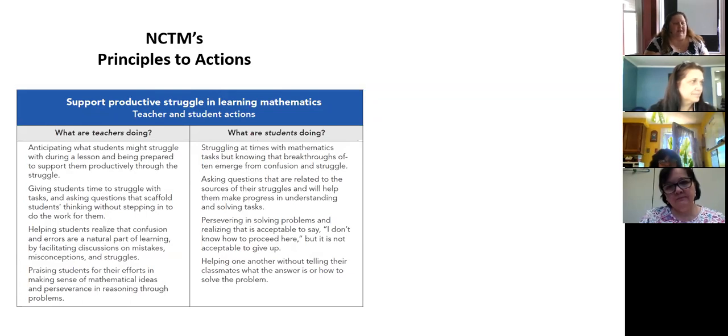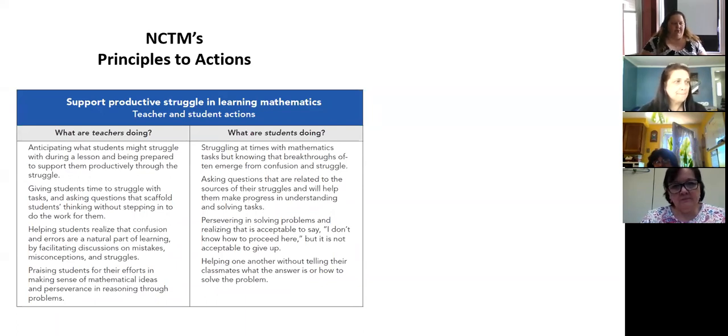And what does this mean, productive struggle? It means that students are grappling with that mathematics. They really are trying to make sense of the problems. And so often, this is where we rush in to rescue students, right? We see them struggling, we want to help them work out that problem, so we jump in to try to give them hints or show them how to do the work.